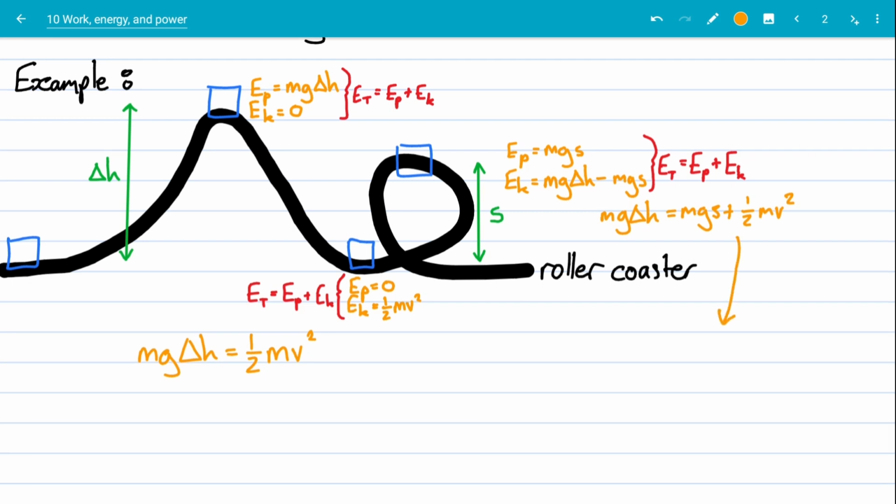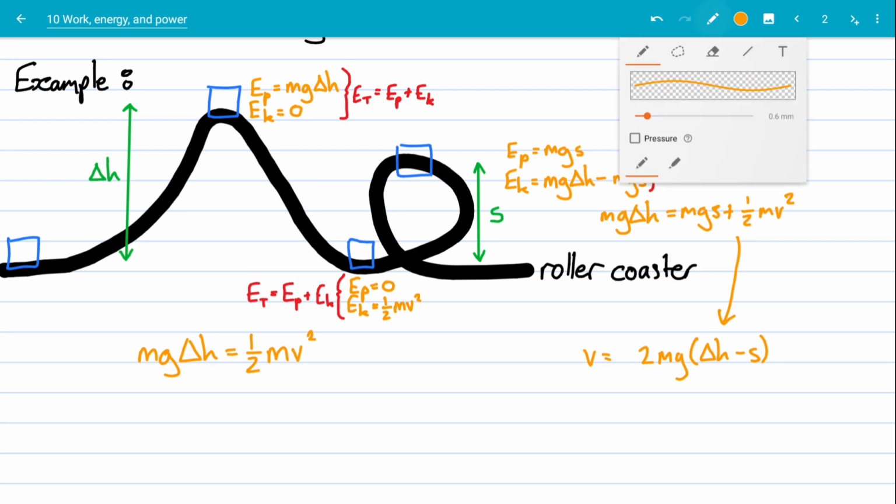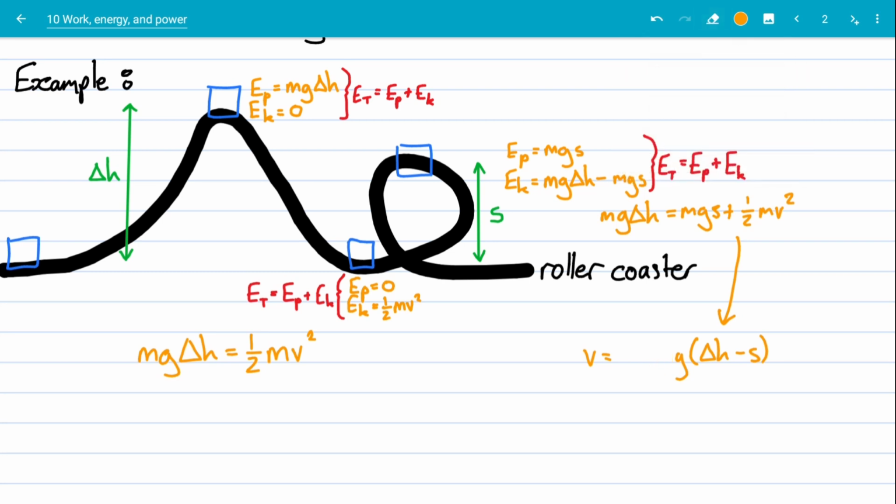We could say, right, okay, well, v is going to be equal to 2 lots of mg delta h minus s, divided by m. Oh, the m's cancel. There we are. It doesn't actually depend on m. Under the square root. There we go.